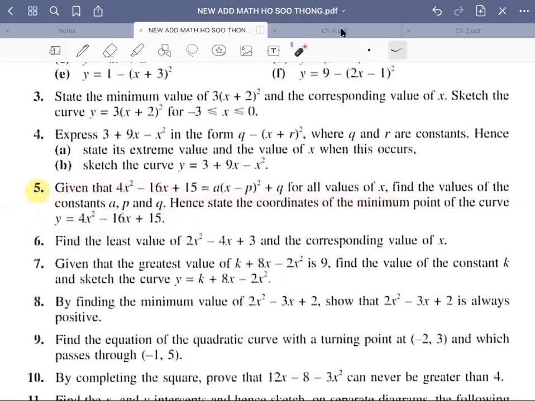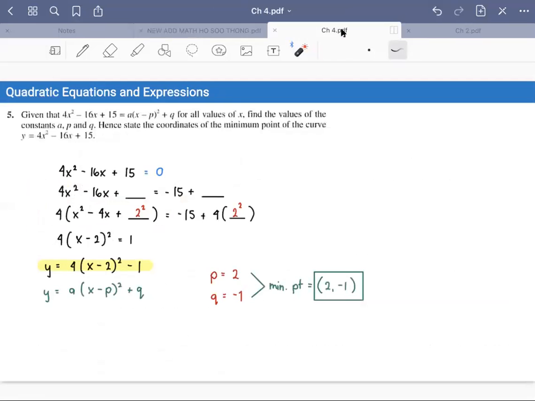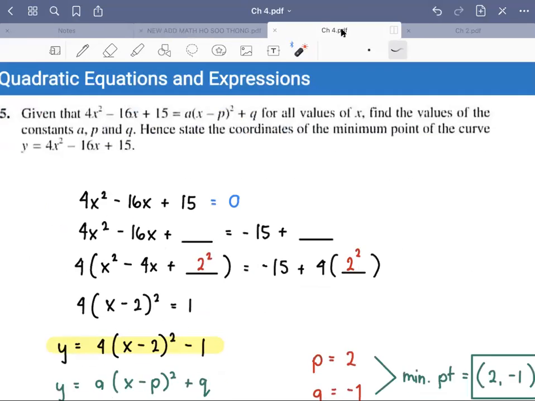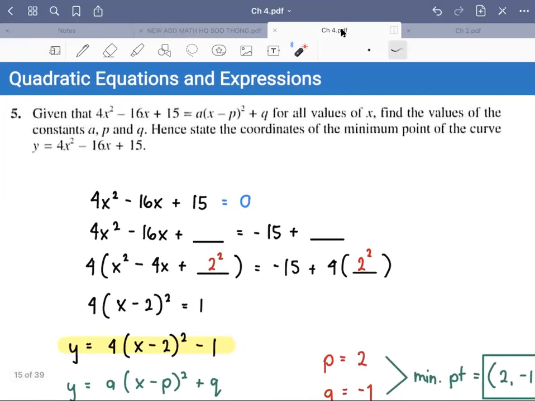So let's break down the question first. Class, this one is the completed the square form. Instead of using h and k, it used the letters p and q, but it's just the same thing. The question here is you need to find the values of a, p, and q.